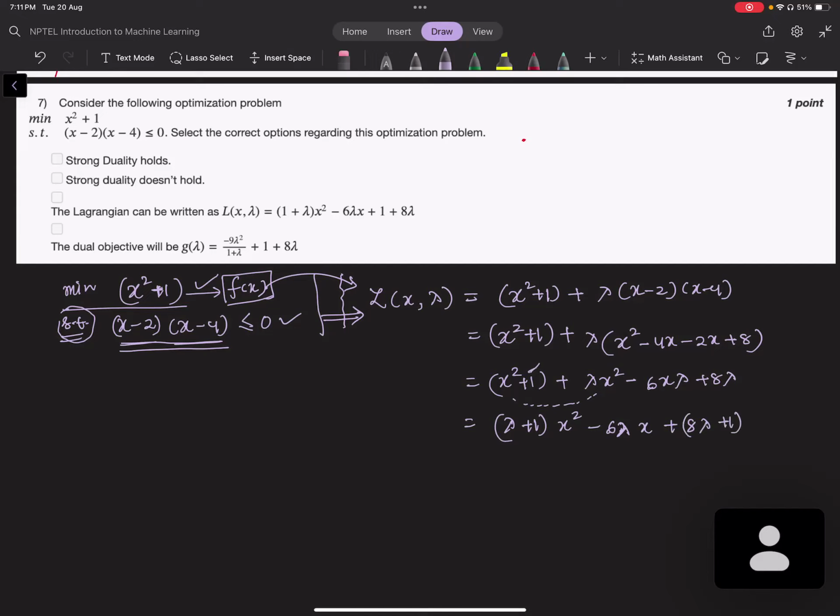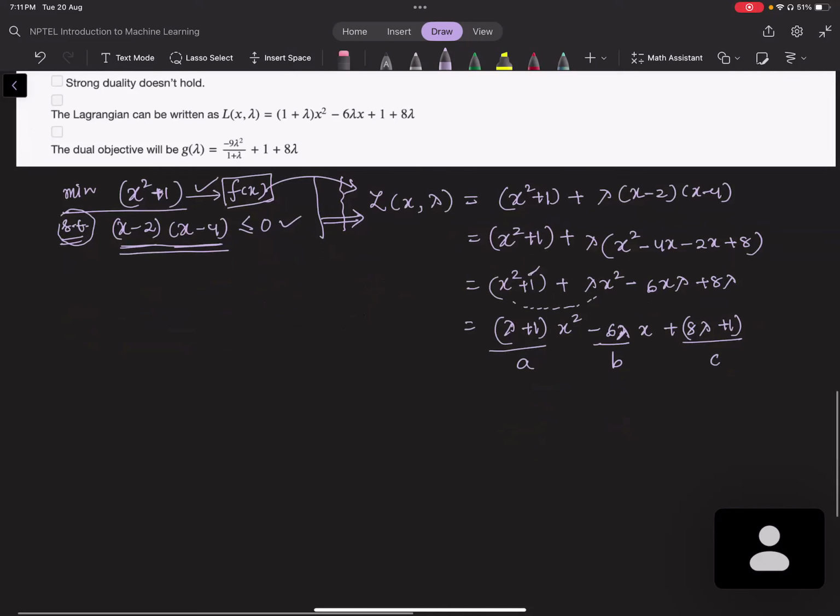Okay, so this is of the form x square plus bx plus c. And it is equivalent to minimizing (lambda plus 1) x square minus 6 lambda x plus 1.